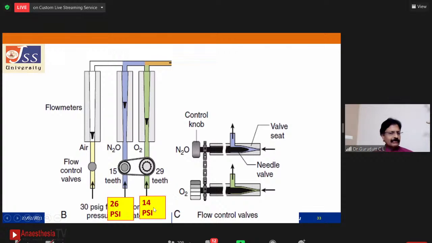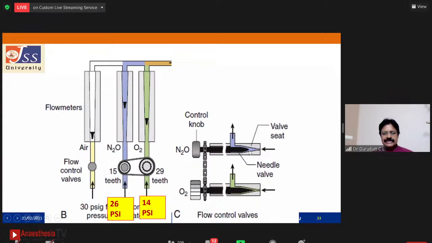That's why I told you there is a difference in the pressures of the flows for the oxygen flow meter and the nitrous oxide flow meter. Here again, it is 26 for nitrous oxide and 14 for oxygen, so because of this also the ratio becomes 3:1.